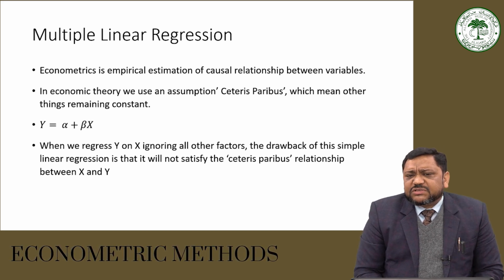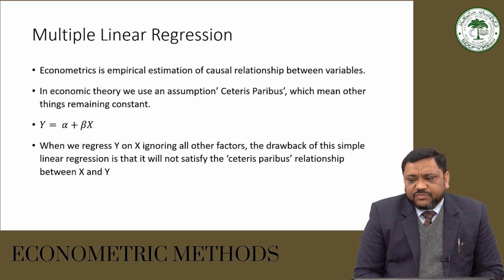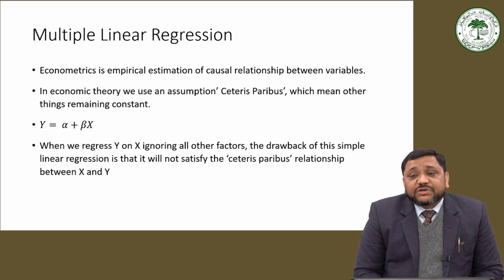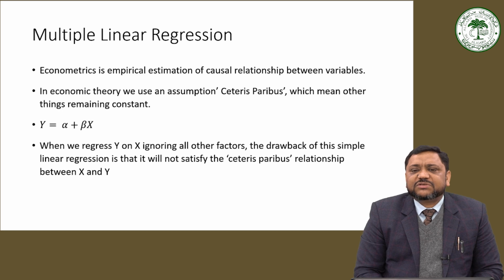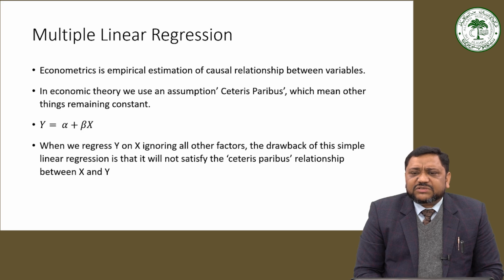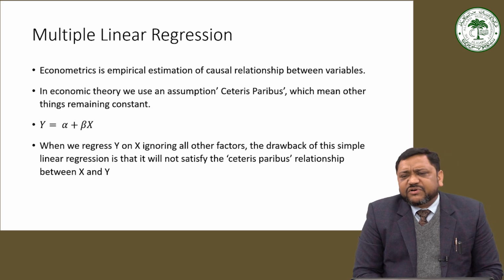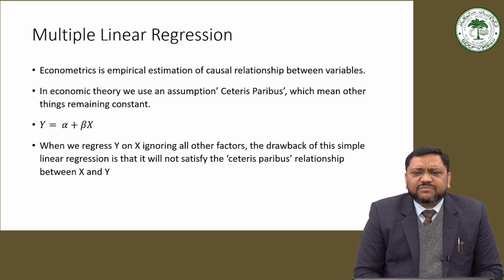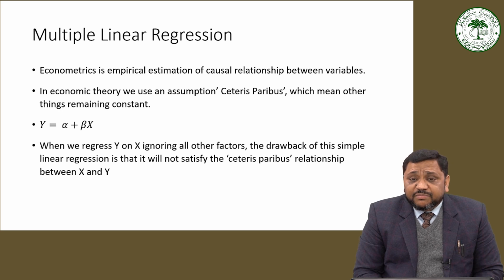Basically, econometrics is an empirical estimation of causal relationships between variables. And in economic theory, we use an assumption, ceteris paribus, which means other things remaining the same. If somebody asks you what is the law of demand, you can simply say it gives an inverse relationship: if there is an increase in price, there will be a fall in the quantity demanded.